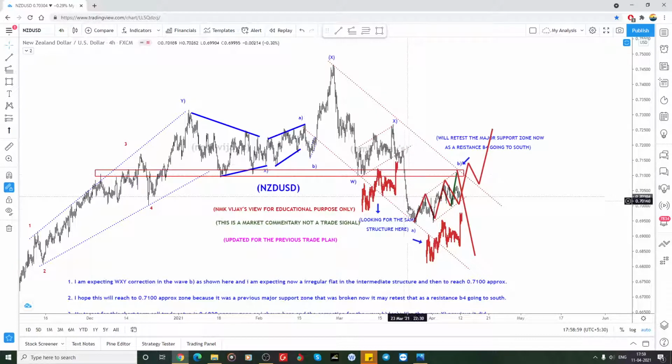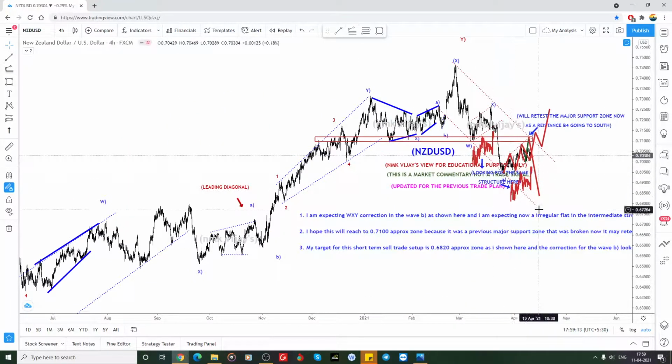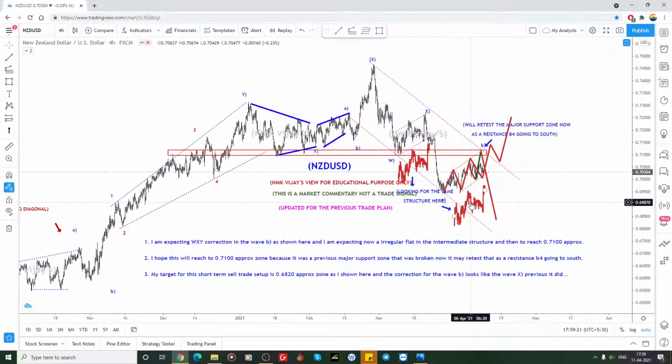It was already broken. Now I'm expecting it has to retest this zone as a resistance, and I am explaining this as a resistance, and then one more downside nearly 267 zone. So this wave formation can happen here. So that is why I explained.